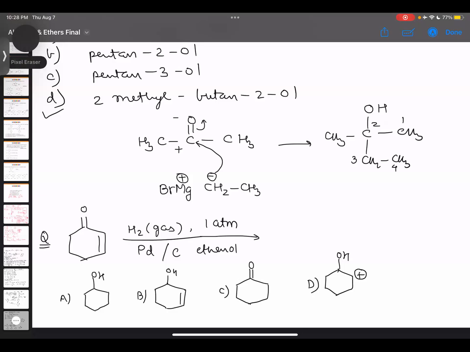Okay, be careful. C should be the answer. Okay, because this is basically less reactive than the alkene, so that will undergo. Do remember it. Okay, that will be the answer, right? Because this is thermodynamically more stable, a stronger bond. And if you have a stronger bond, surely that will not break.